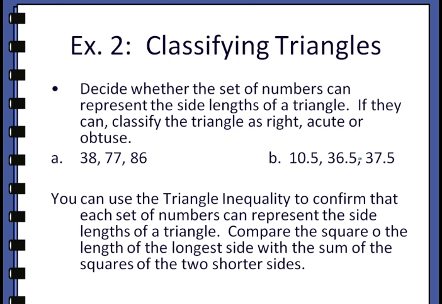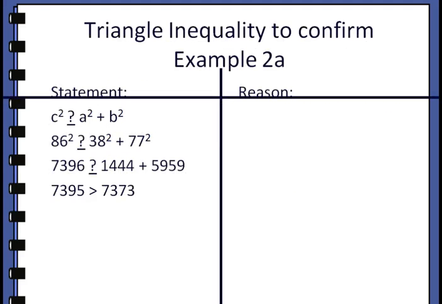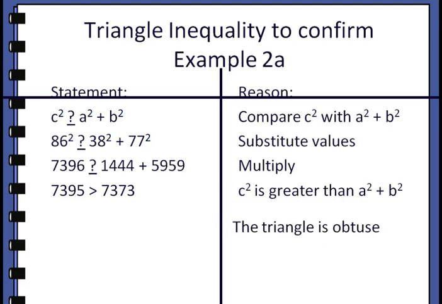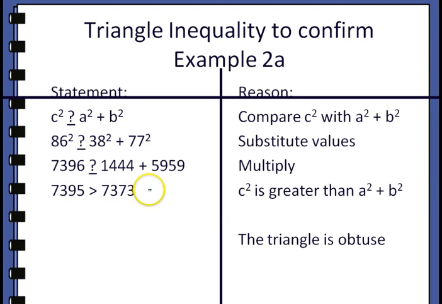Now we have to compare the square of the length of the longest side with the sum of the squares of the two shorter sides. So in this case, the first triangle, if we square 86, which was the longest side, and see how it compares to the squares of the other two sides, you can see here that c squared ends up being bigger than a squared plus b squared.